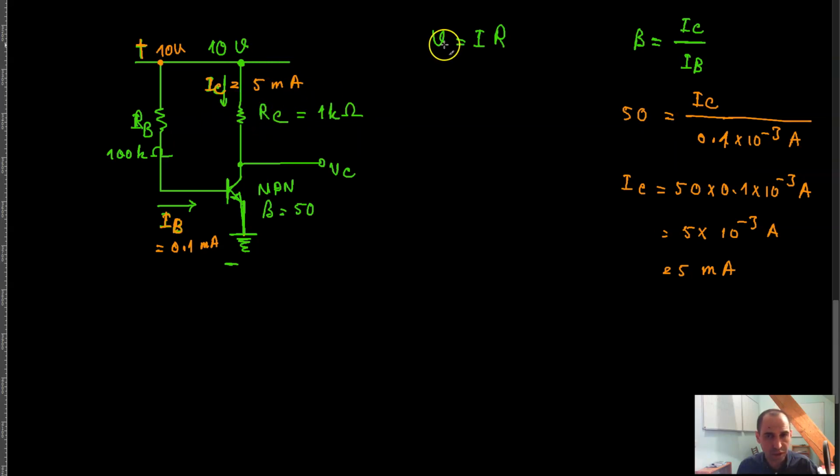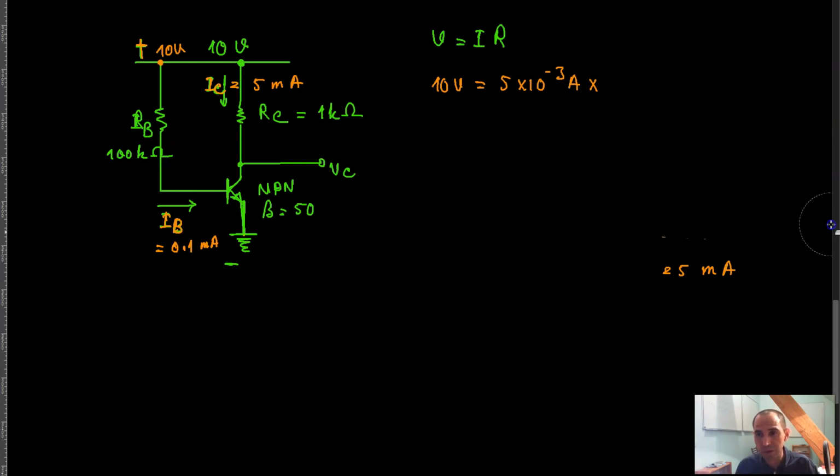Meaning that if I apply Ohm's law to the collector resistor, I can say that 10 volts is being dropped across the resistor, and the current going through that is 5 milliamps, 5 times 10 raised to the power negative 3 amps times... no, sorry, I made a mistake here. I don't actually know how much voltage is being dropped here.